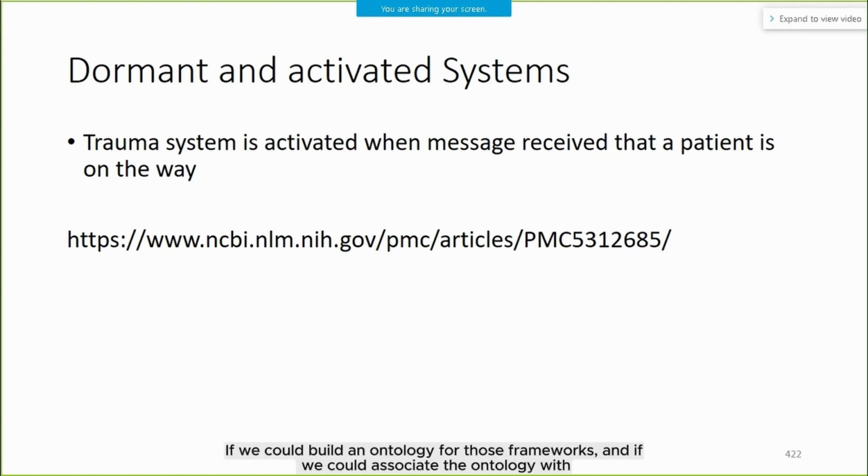If we could build an ontology for those frameworks, associate it with the actual trauma systems which exhibit these or those features, and then show by looking at outcome statistics that trauma systems with these features are more effective than those with other features, that would be very useful information to have. So this was an NIH grant which was funded to build the ontology and test it in that way. There is a paper describing it here, which I will give you the link to again later.